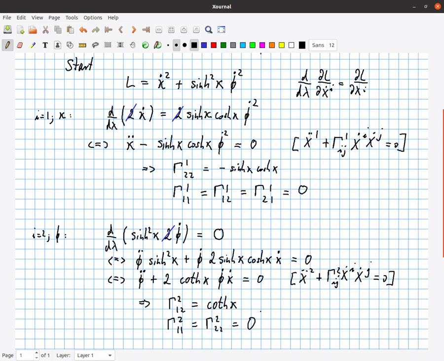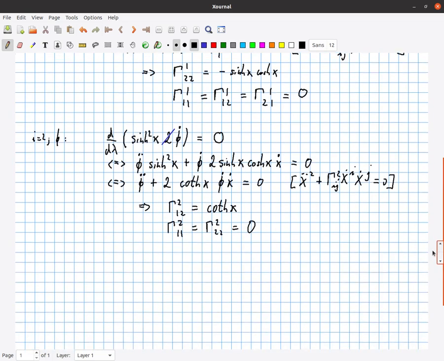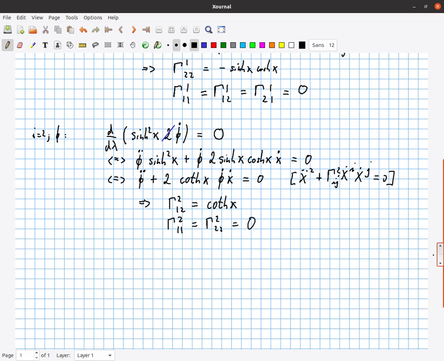This means we only have two non-vanishing Christoffel symbol components, not double counting this one. To find the Riemann curvature tensor, we now use the explicit formula.